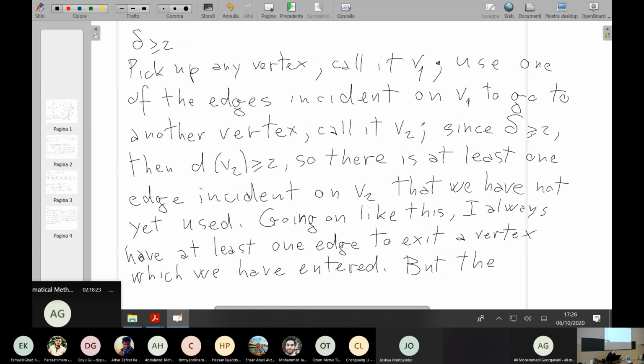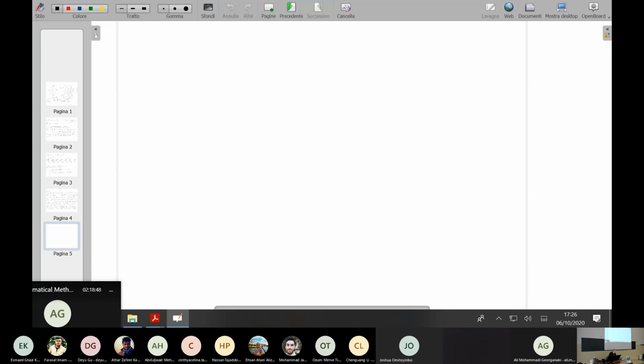But the graph is finite, so eventually we meet a vertex that we had already used. This closes a cycle.